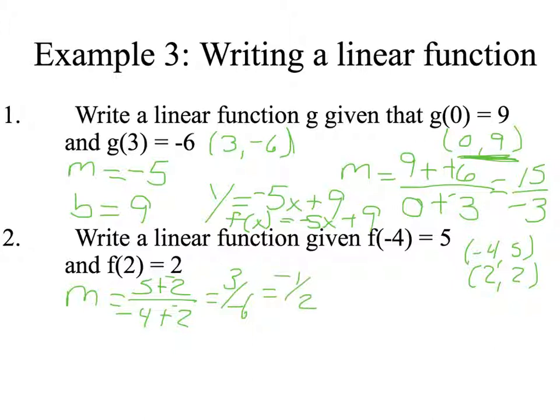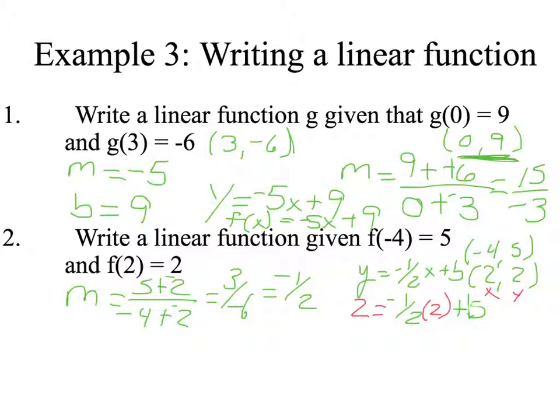Now I need to find b. This time it wasn't so nice. I wasn't given b. So y equals negative 1/2 x plus b. Pick one of your ordered pairs and plug in x and y. So 2 equals negative 1/2 times 2 plus 5, plus b.